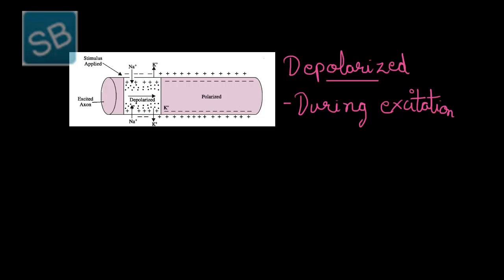This type of transportation of Na plus and K plus ions towards the inside and outside of the plasma membrane takes place with the help of the sodium-potassium pump.